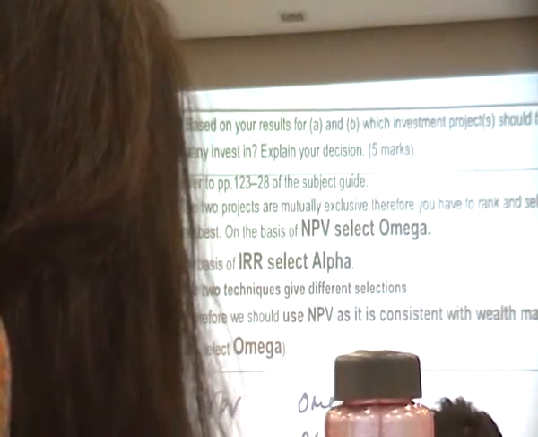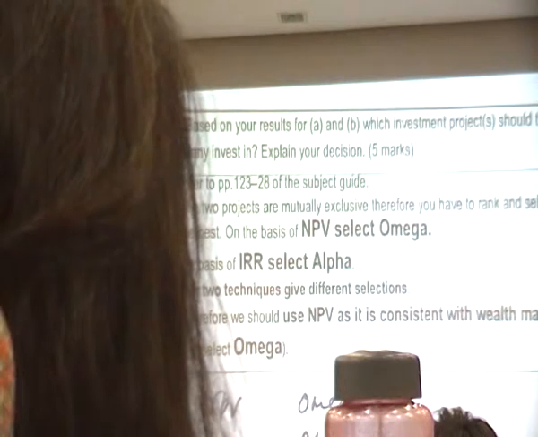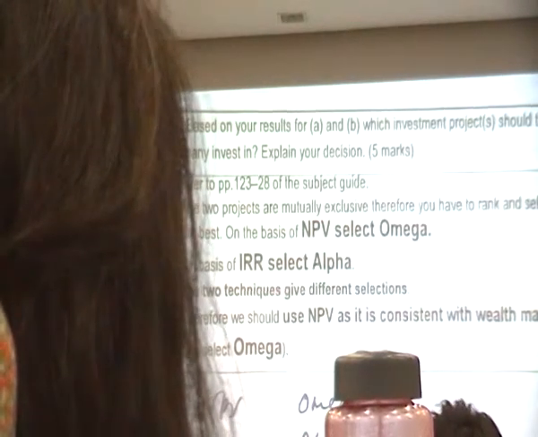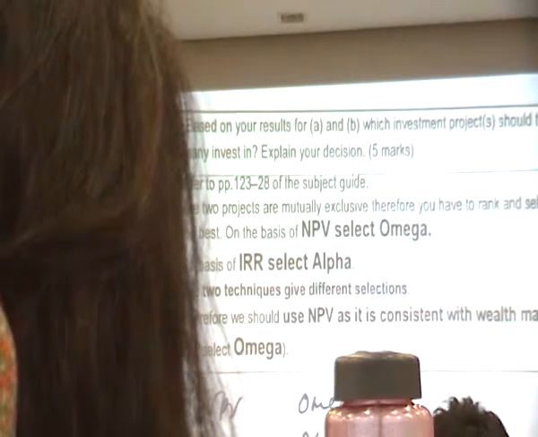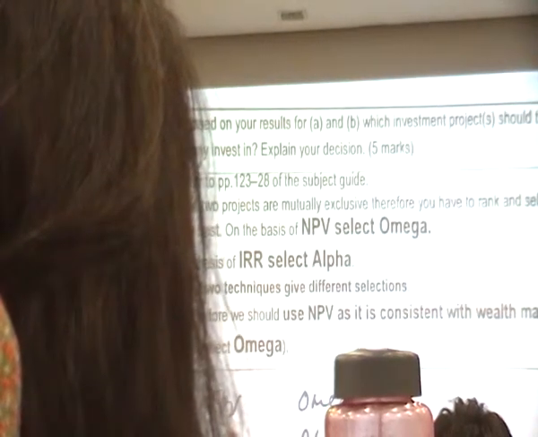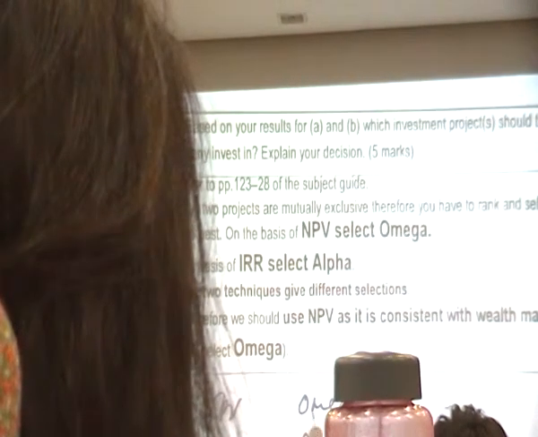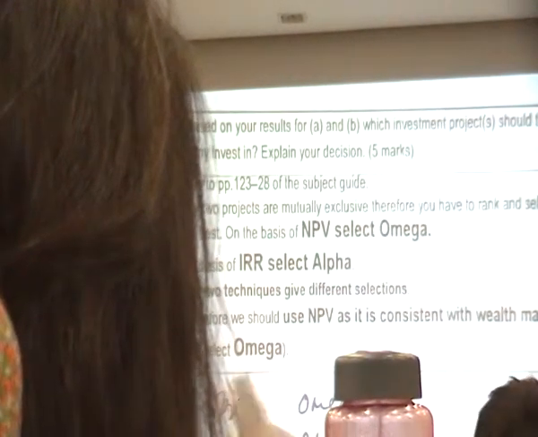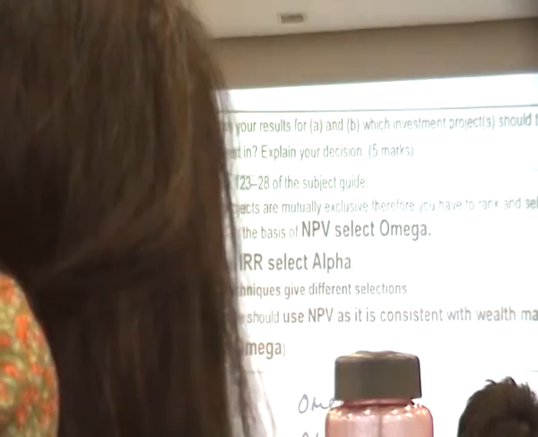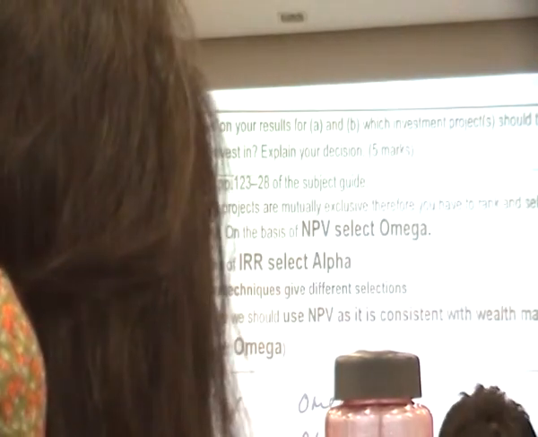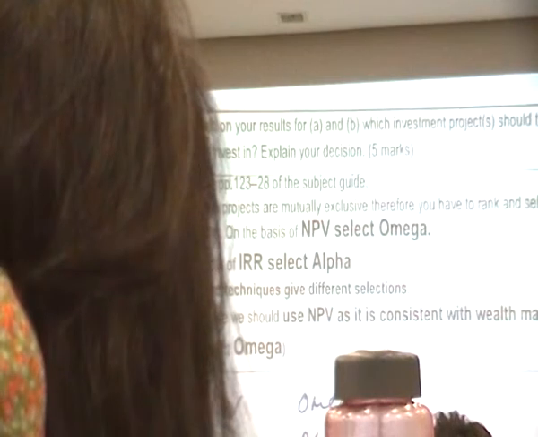We will have this kind of problem, meaning that NPV and IRR have inconsistent results. NPV says choose omega, IRR says choose alpha. They have inconsistent recommendations.